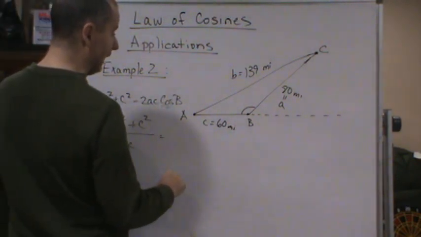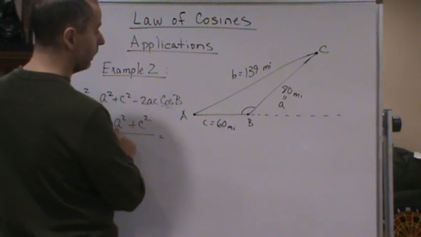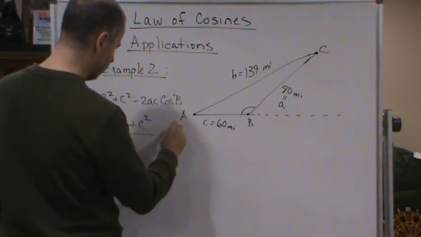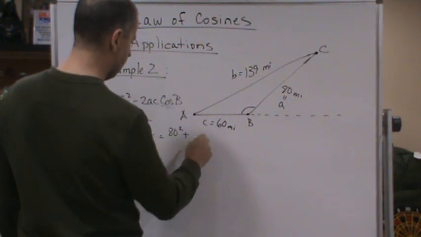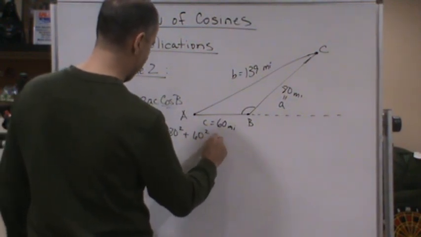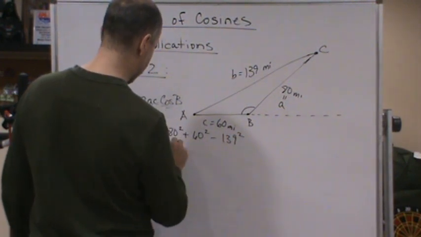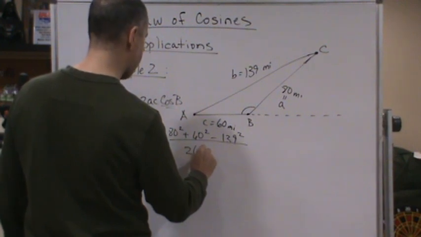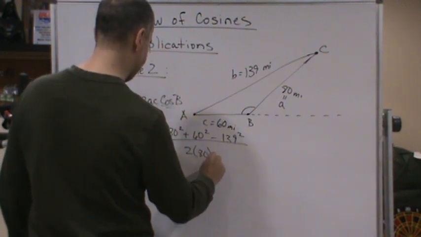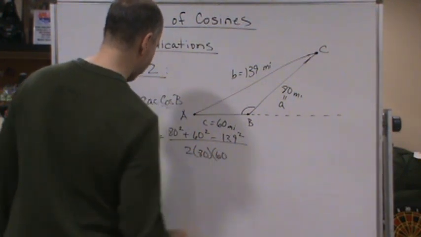But anyway, let's plug our values in. What do we got? B is 139. Well, let's do A squared. A is 80. So we're going to do 80 squared plus 60 squared minus 139 squared, all divided by 2 times 80 times 60.